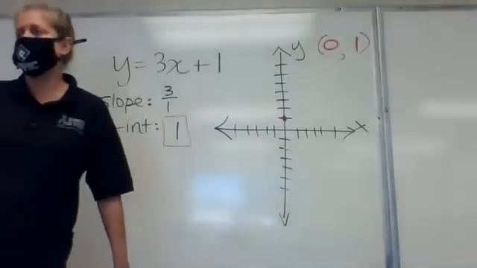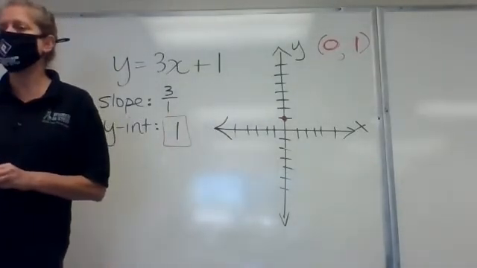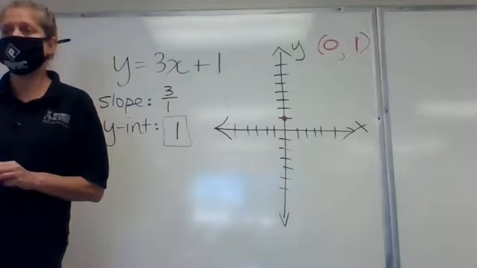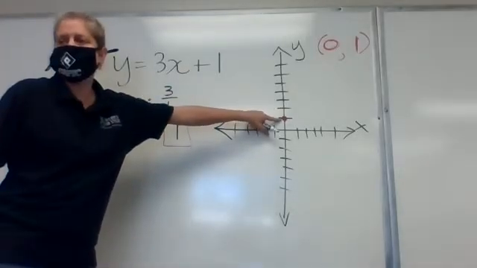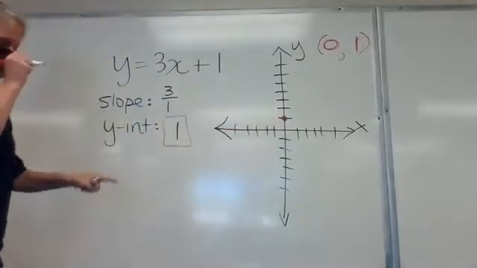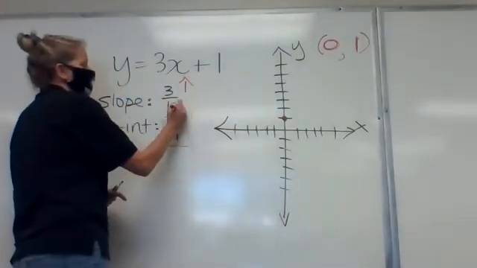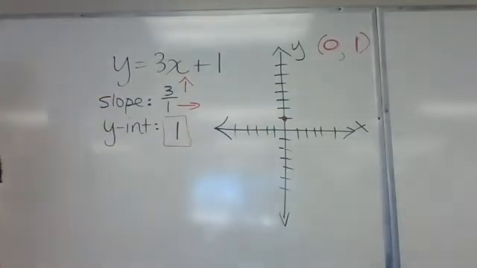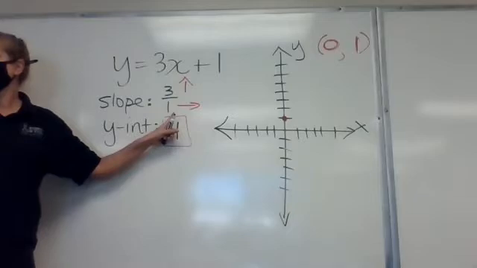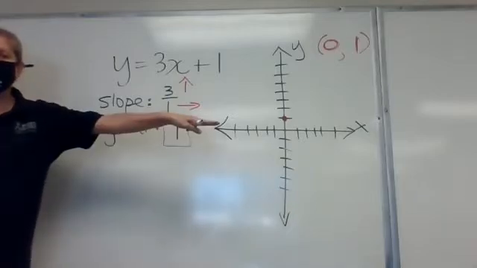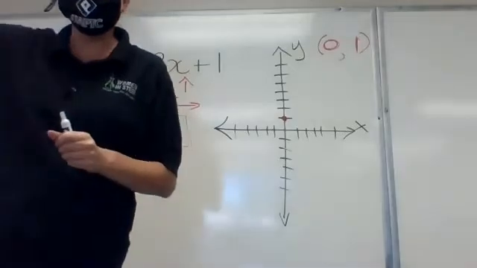After you put that point, now the next step was to count out the rise and the run, starting from this point that you just put there. So my rise and run, since it's positive 3, I'm going to rise up 3, and then I'm going to run to the right 1. That's why that 1 was important. It gives you how far you run. Again, some of the graphs go up by half.